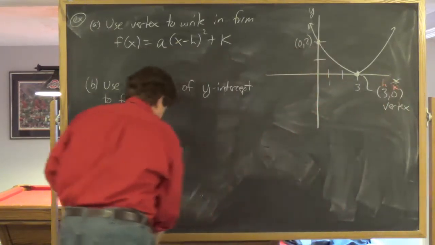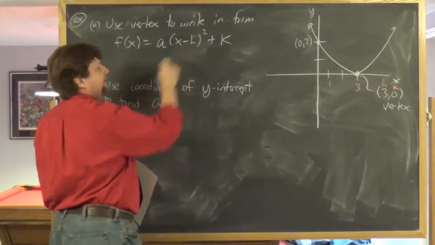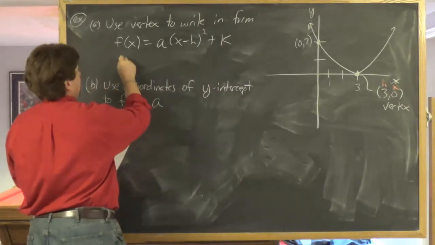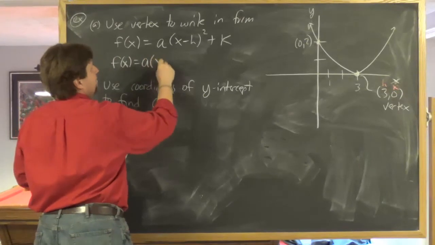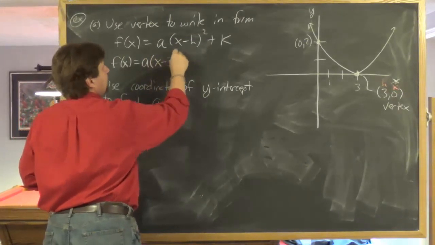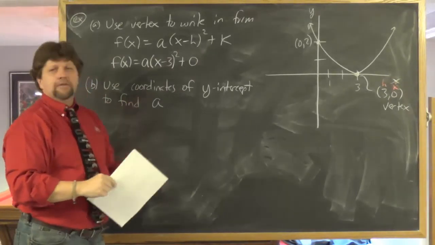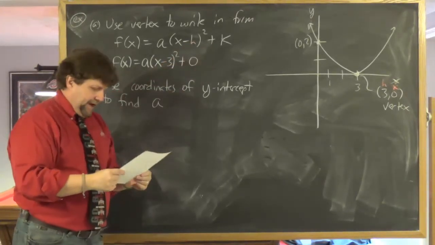H is 3, k is 0. So I put a 3 in here for h, I put a 0 in for k, and I get f of x equals a times x minus 3 quantity squared plus 0. That's just using the vertex, tossing in a 3 for h and a 0 for k.